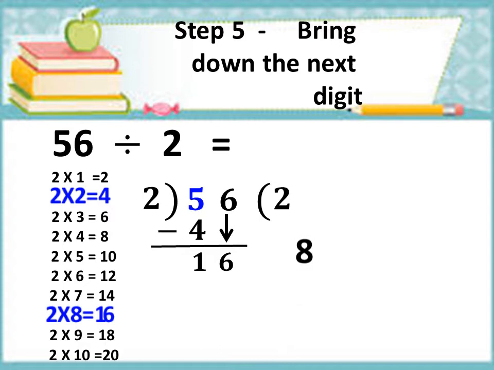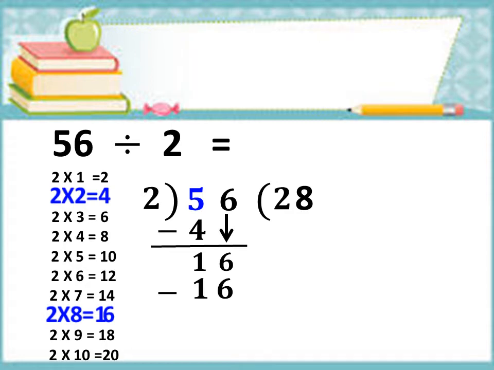So that 8 we can write on the right side of the bracket. 16 we can write below 16 and subtract. 16 minus 16 we will get 0. Here this 0 is said to be the remainder.